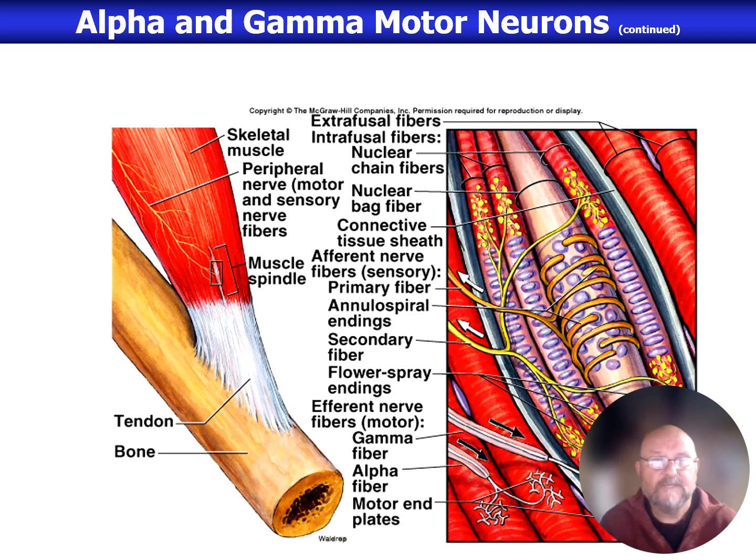And diagrammatically, you can see there's the muscle spindle, right there. As we look into it, you see it looks quite different inside with the nuclear chains and the nuclear bag fibers sitting in there, which are being innervated by gamma neurons. A little bit of muscle contraction is just enough to keep it up with the shortening of the muscles around it.